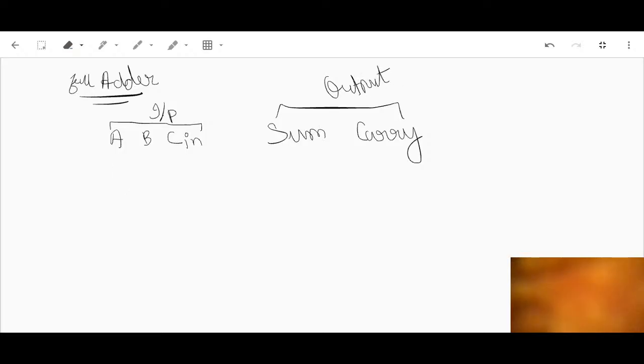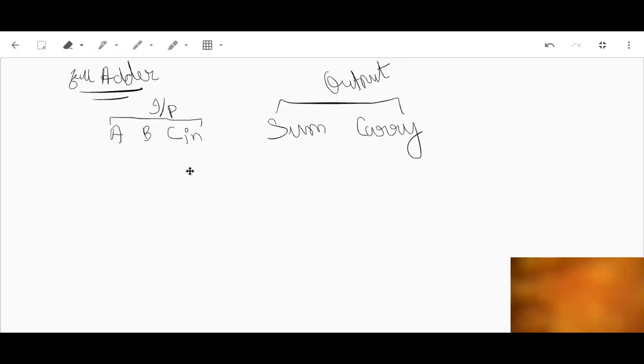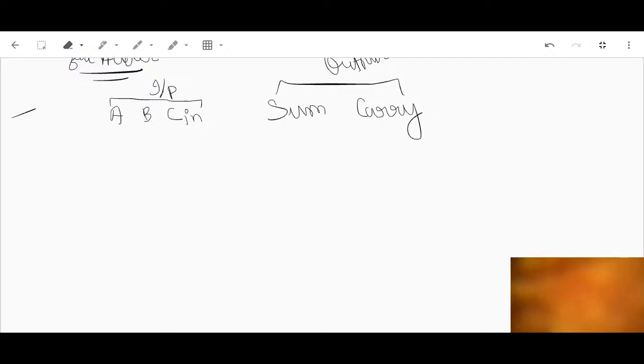After writing the truth table, we have to just find the equation for sum and carry. So I'll write here the truth table. The input is 0, 0, and 0. So the sum output will be 0, and the carry output will be also 0. The next input will be 0, 0, 1.